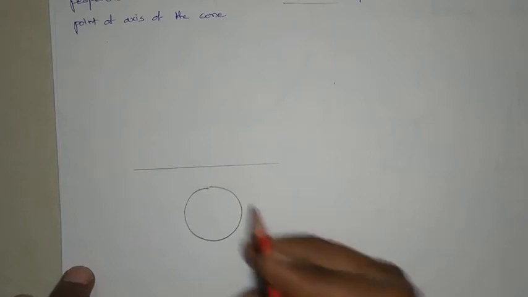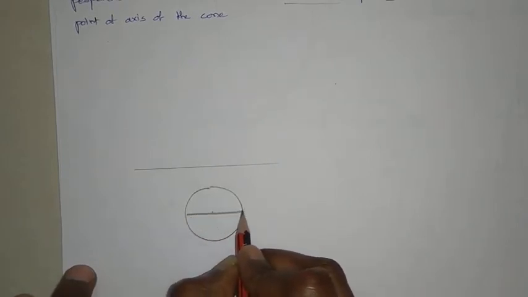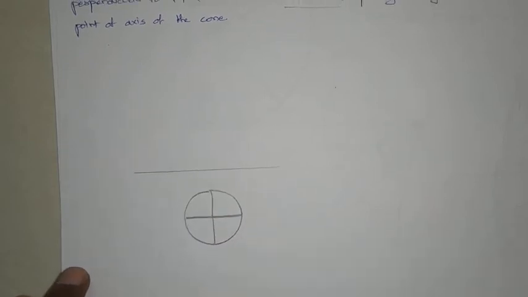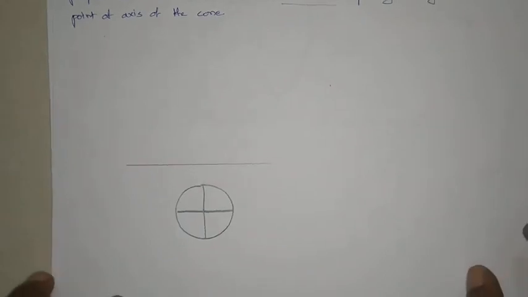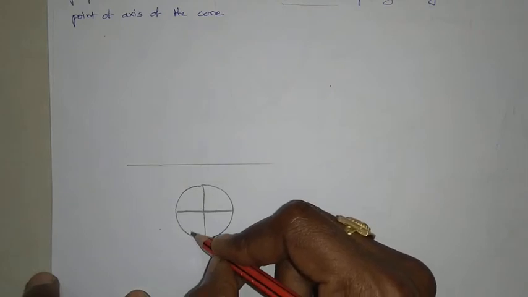Draw a circle first. Divide that into either 8 or 12 parts. That is your wish. There is no restriction for that. Now I am going for 12 parts.